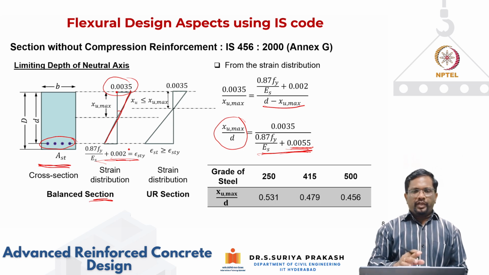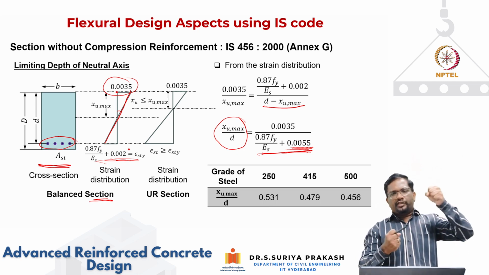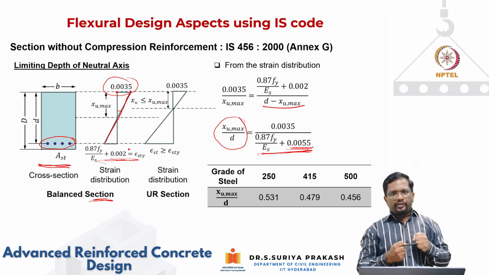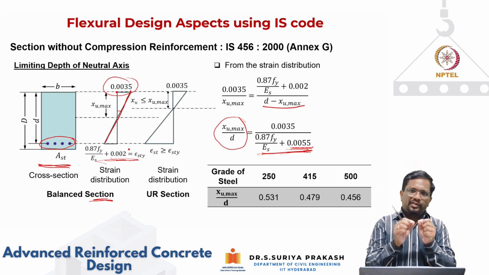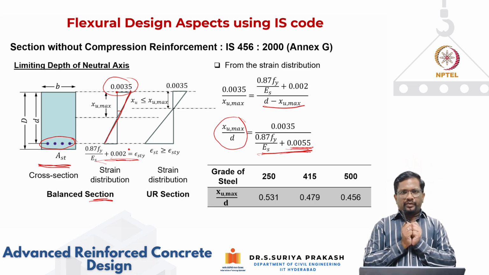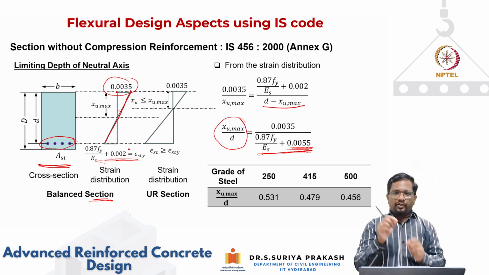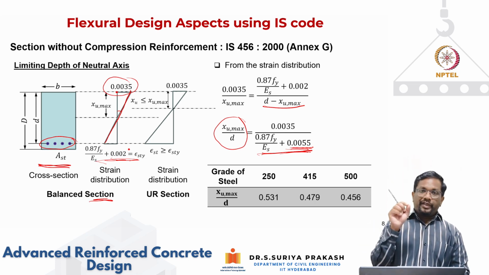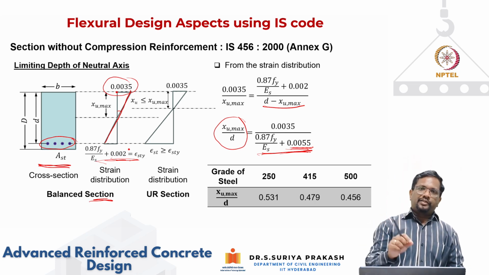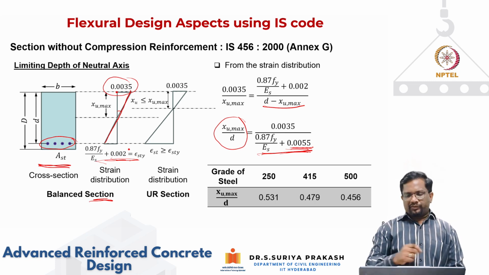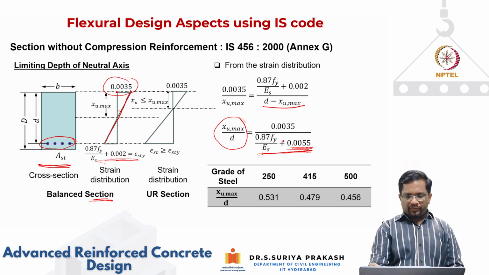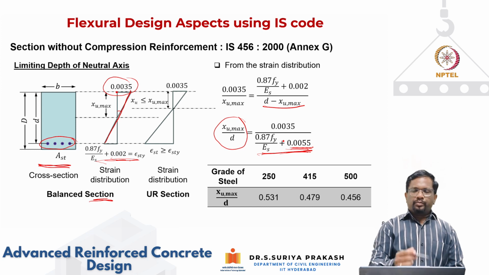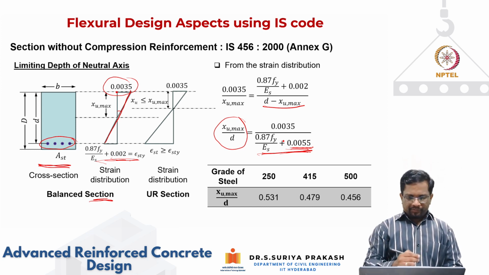So this is the maximum neutral axis depth a particular section can take so that it can ensure just yielding of your steel. This is the design yield strain specified by your IS 456, which is 0.002 plus 0.87 fy by Es.